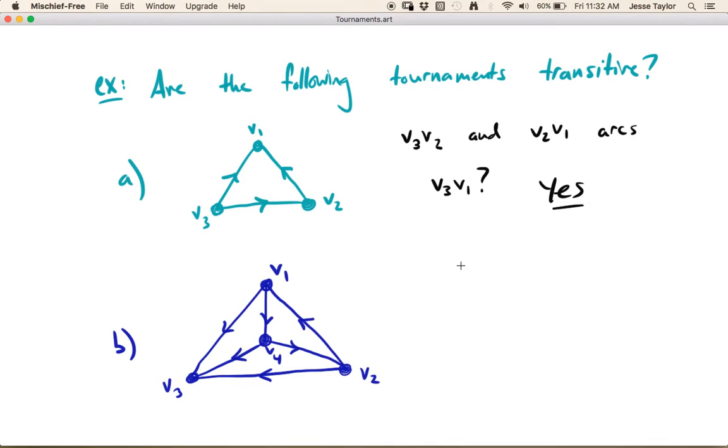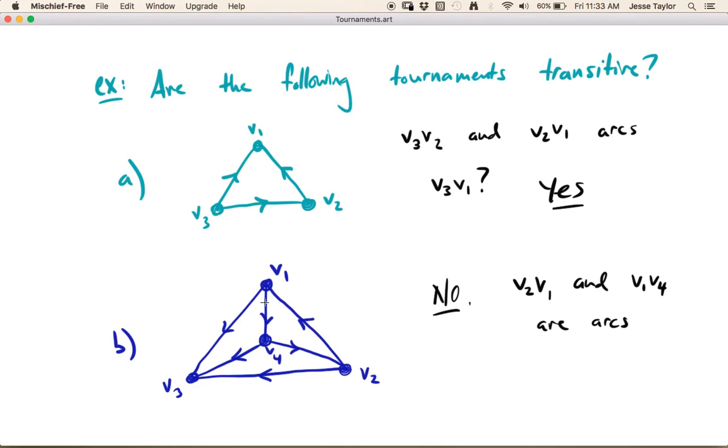So it turns out that the answer here is no, this one is not transitive. So you may want to think of why not. But I'll give you an example. So for example, V2, V1, and V1, V4 are arcs, right?